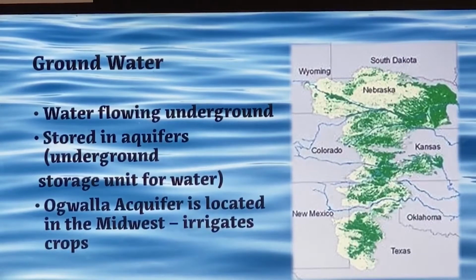It starts up in South Dakota, extends over as far west as Wyoming and New Mexico, into parts of Colorado, and then it comes all the way down south into Texas. The majority of it is in Nebraska. Portions are also in Kansas and Oklahoma. So that's a very large underground storage unit for water called an aquifer. And again, those aquifers are responsible for irrigating the crops that are so prevalent in the Midwest.